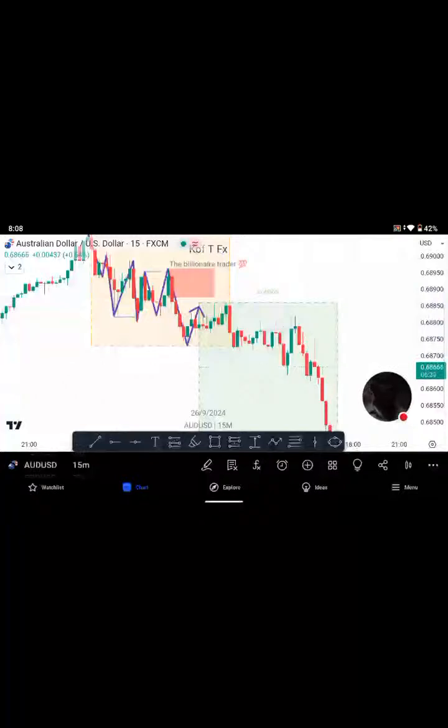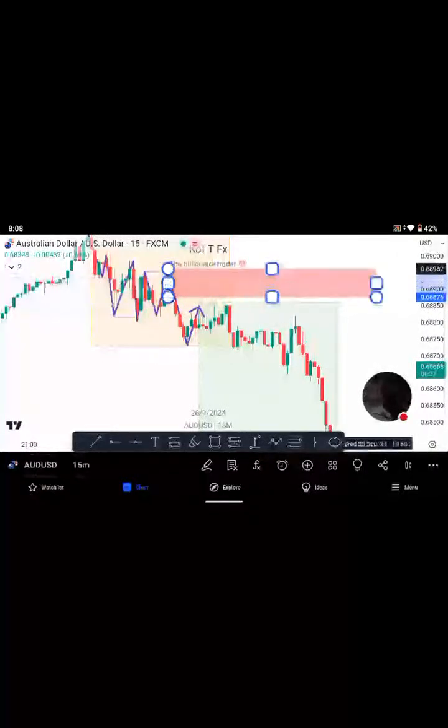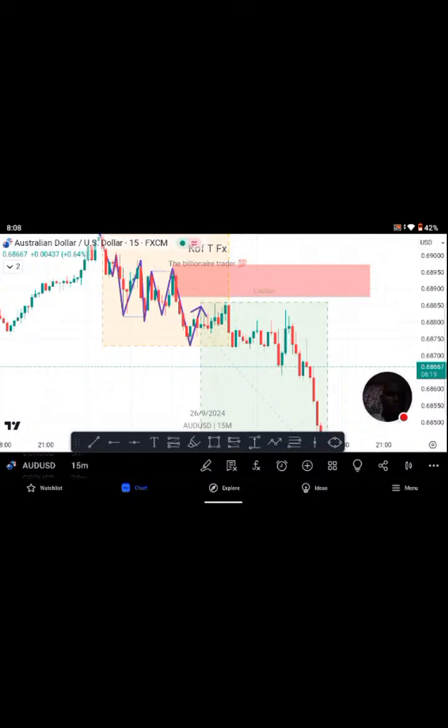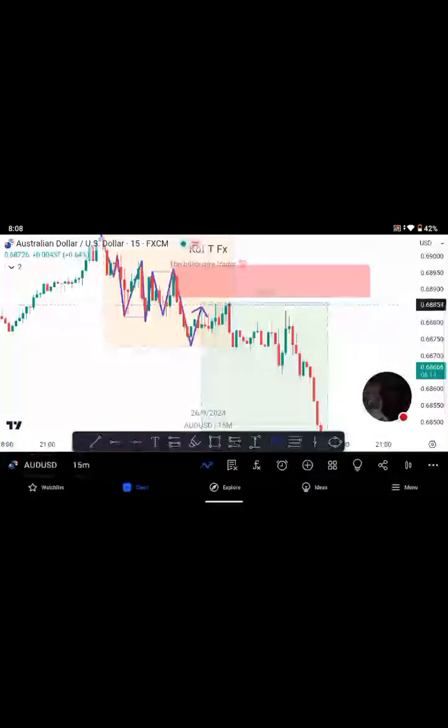We have this supply zone here, unmitigated. Price has not gotten there. That is one. And we have this structure. I want to consider this from here.